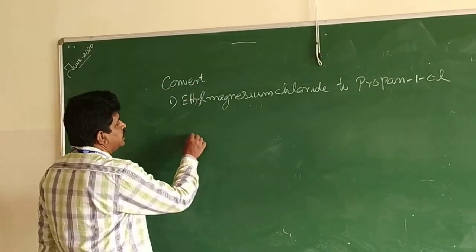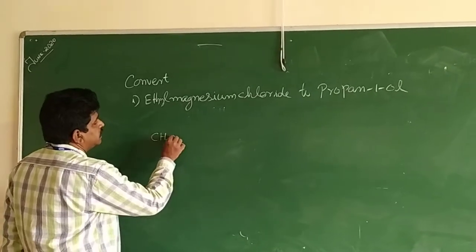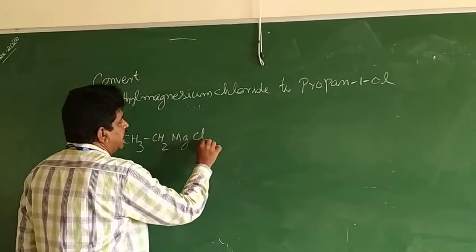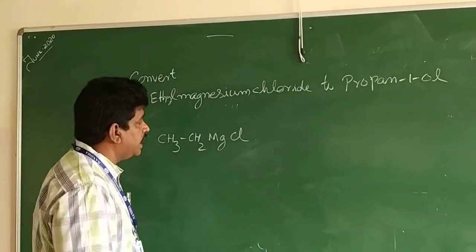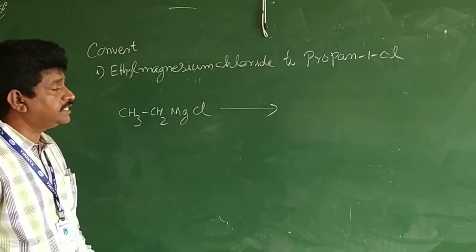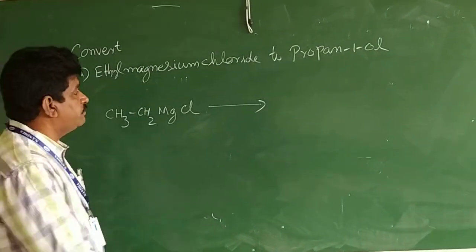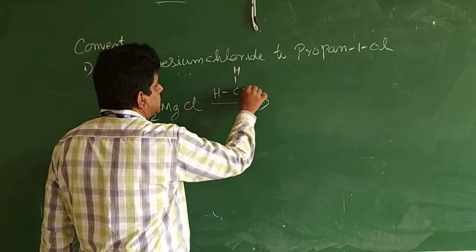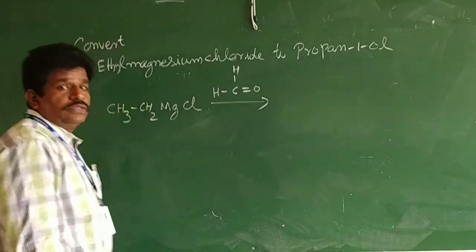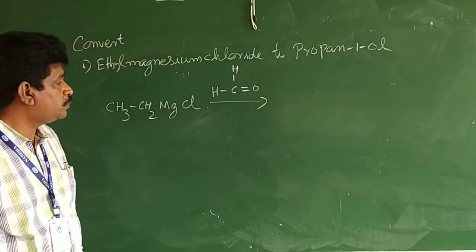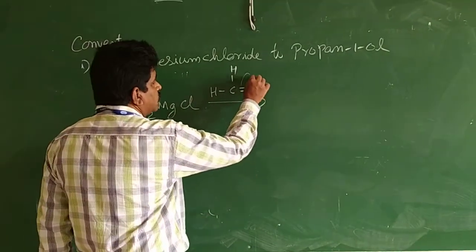So ethyl magnesium chloride, CH3CH2MgCl, when this reacts with formaldehyde, HCHO, I am going to write the formaldehyde like this: H, C, H, double bond O. We know that oxygen is highly electronegative, so it will pull the electron towards oxygen.